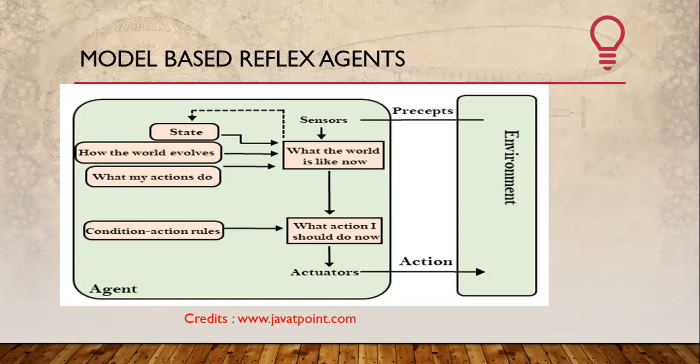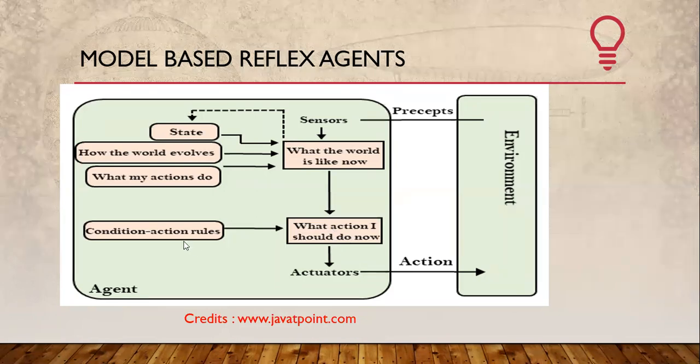Let me first tell you what was there when we talked about the simple reflex agent. Of course we had the environment, the agent, the sensors, and the actuators. The sensors always tell what the world is like now, because they are just responsible for perceiving the current input, and the actuators have to decide what action to take now, and that action is given back to the environment.